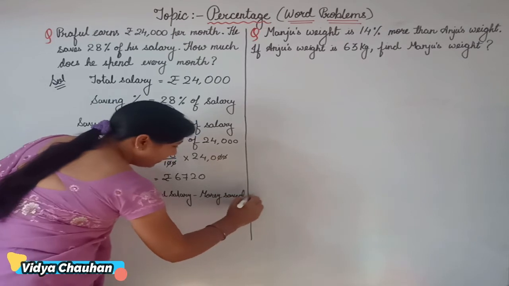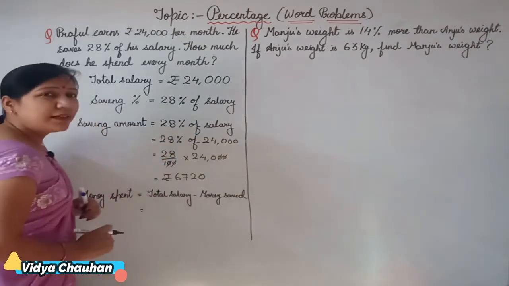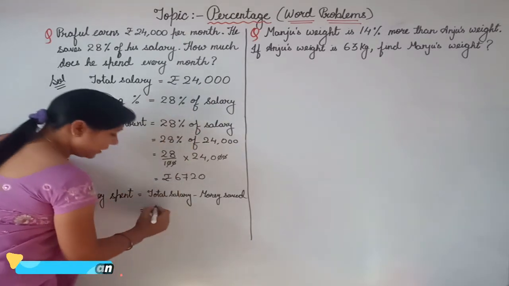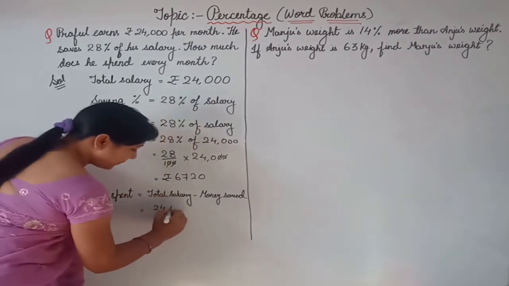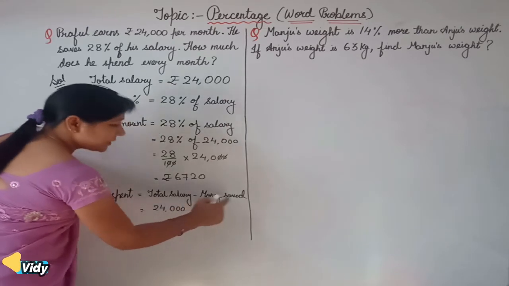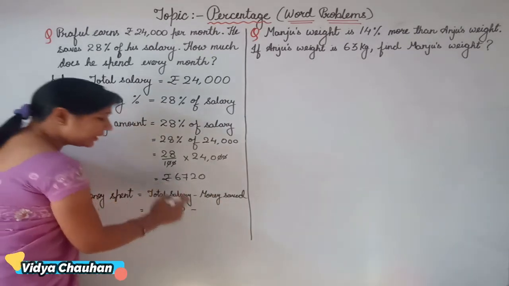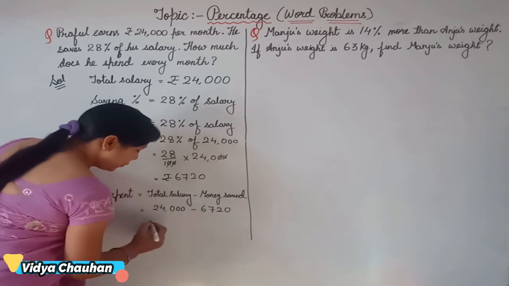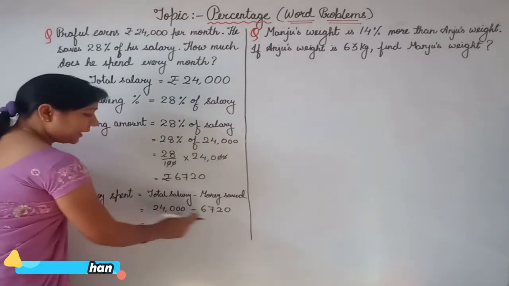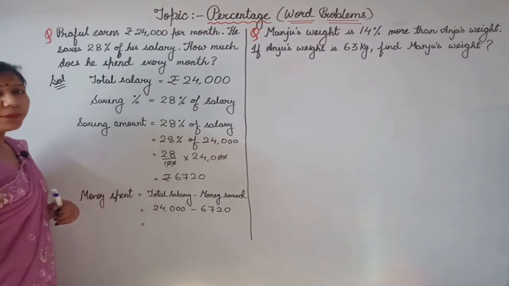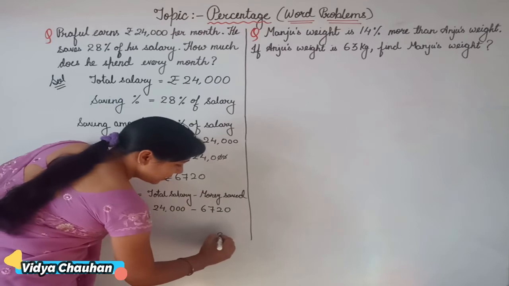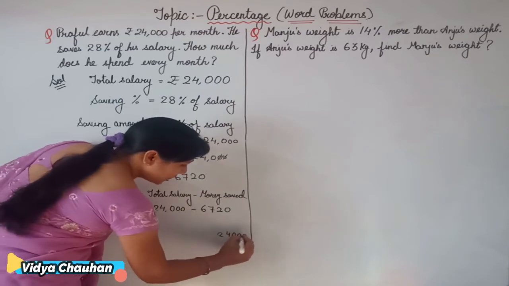Then only we will be able to find how much he has spent. So what is the total salary of Praful? 24,000 minus how much he saved every month? He saved rupees 6,720. Now let's subtract 24,000 minus 6,720.